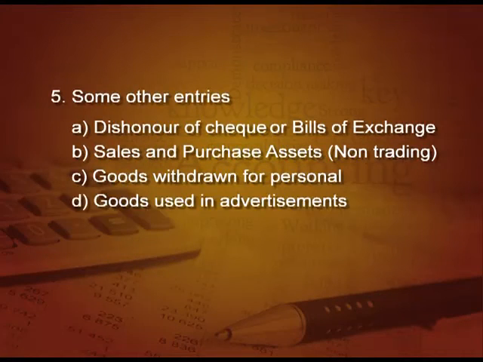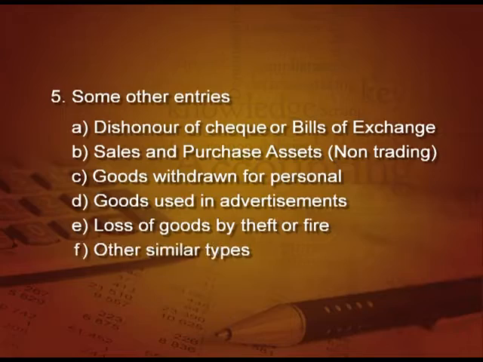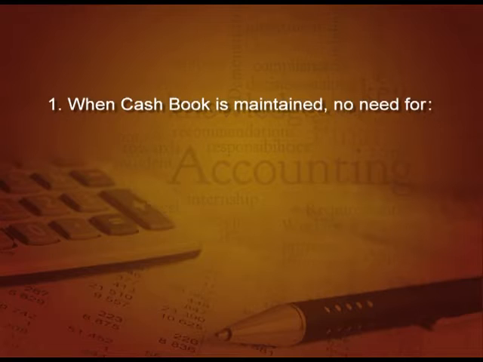Next, goods used in advertisements, that is selling expenses, charity, etc. All these things find place here. Loss of goods by theft, fire, etc. and all other similar types of entries which do not find any place in the previously mentioned books will find a place here, right.